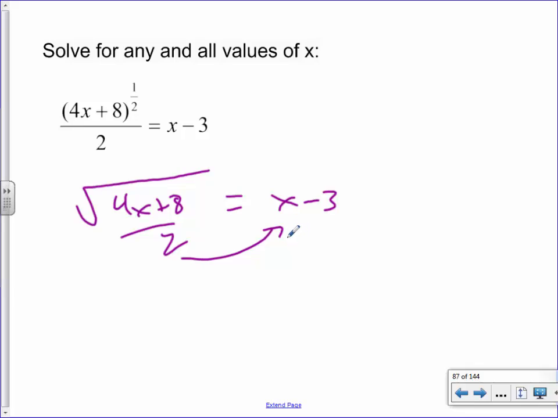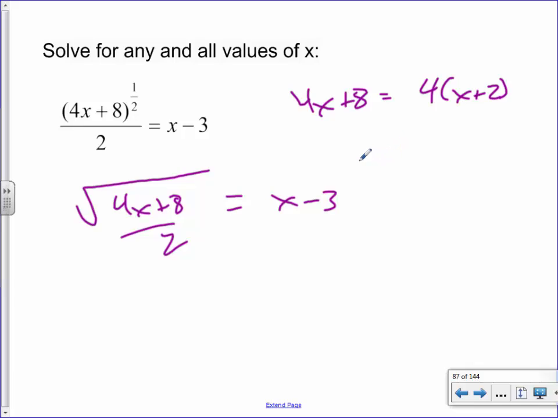Here is another trick that might be useful. Do you guys see how the 4 and the 8 can be factored? So I'm just going to work with just that 4x plus 8. That could be 4 times x plus 2. Why is 4 useful when talking about square roots? Because 4 does square root.